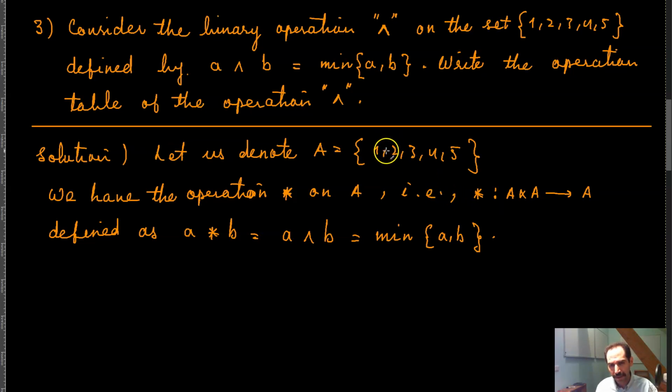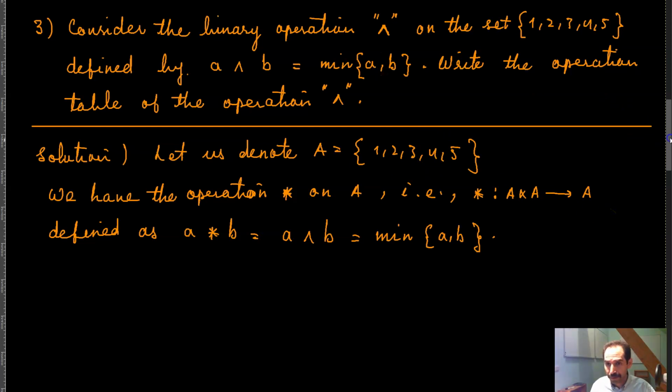Now what we want to do is write the operation table of the operation minimum. For the solution, the table is going to have 5 rows and 5 columns.